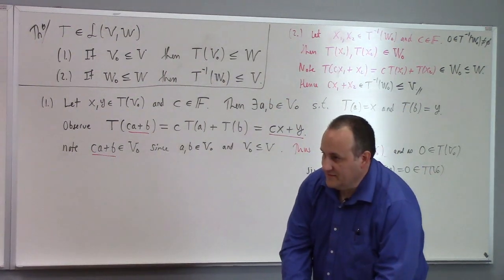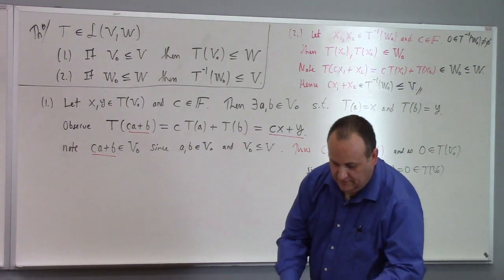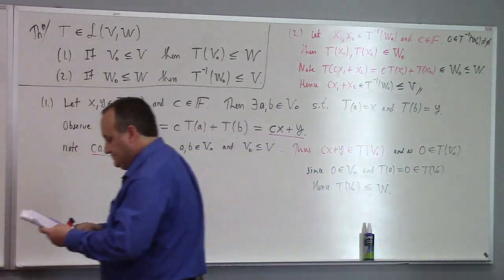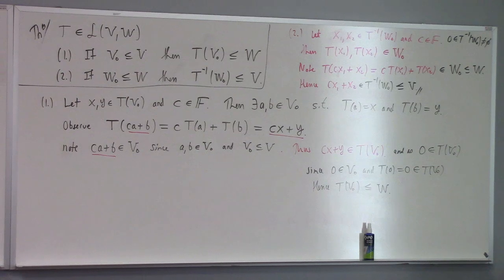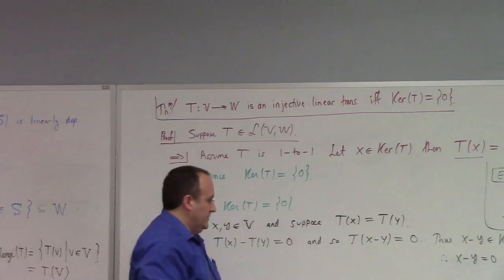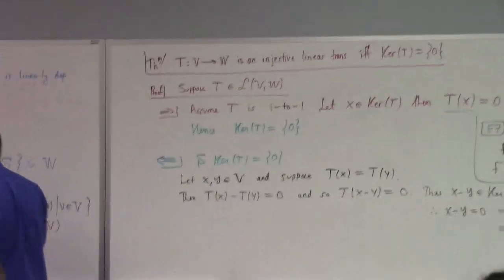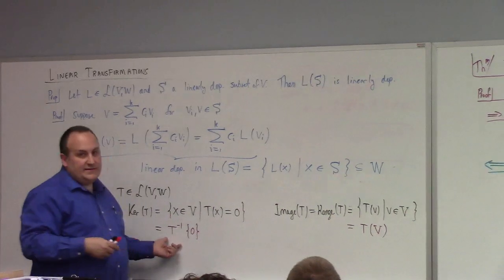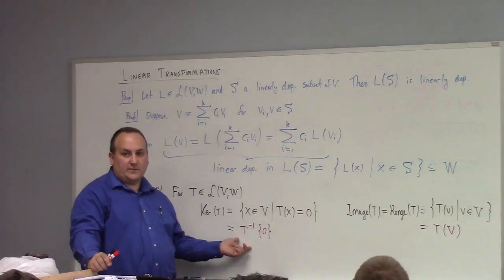Linear transformations take linear stuff to linear stuff. Notice that the inverse map does not exist as a function, generally speaking. When I use inverse image in here, I am not saying that the map T is invertible.